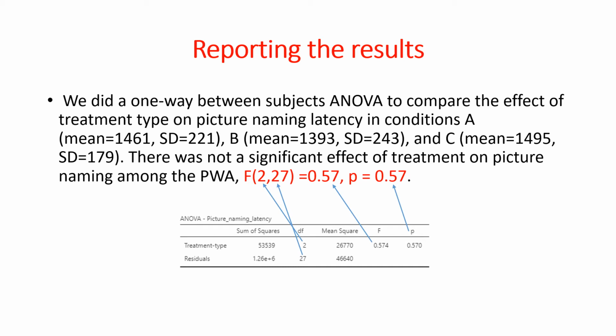We report F and we report the p-value. Since the result is not significant, it doesn't really make any sense to report the effect size. However, if the result was significant, we needed to report both the effect size and at the same time the result of the multiple comparisons.